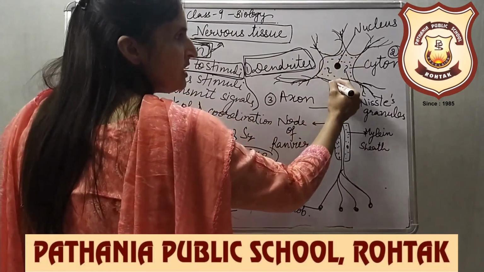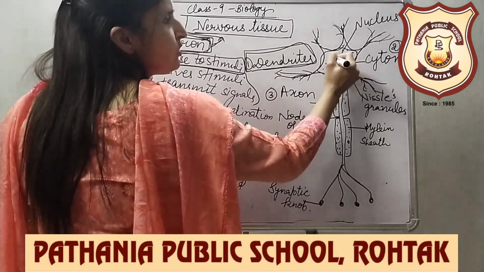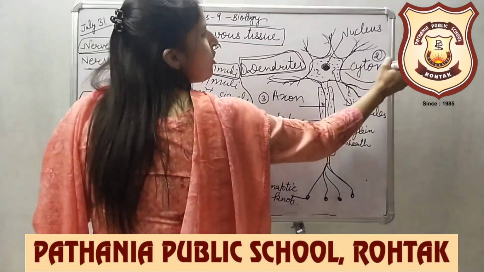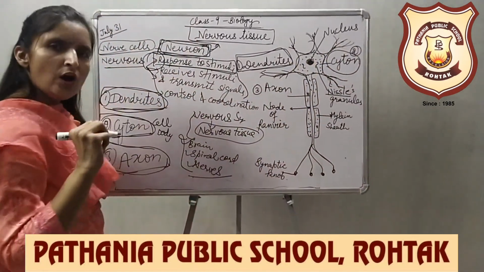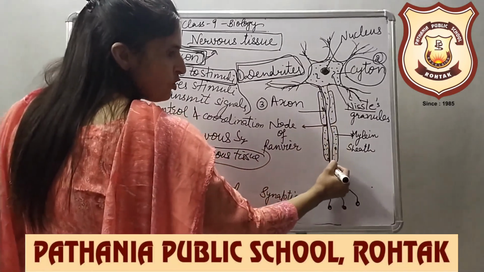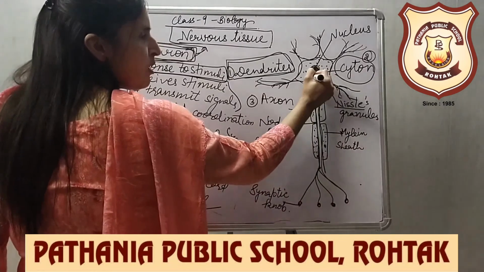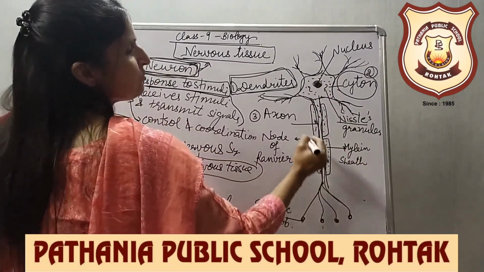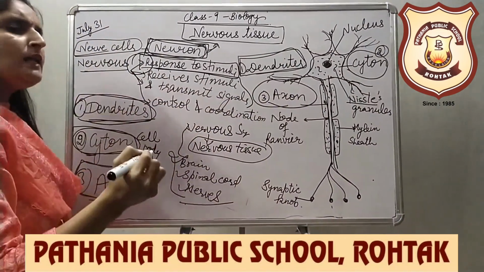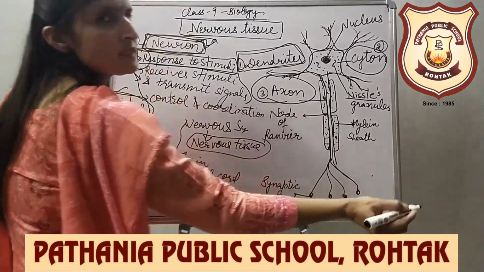This central irregularly shaped part with a nucleus and Nissl granules is called the cyton or the cell body, and the third part is the long tube that carries the message from the cyton towards the other neuron. It is known as the axon. Now I'll explain the function of each of these parts.